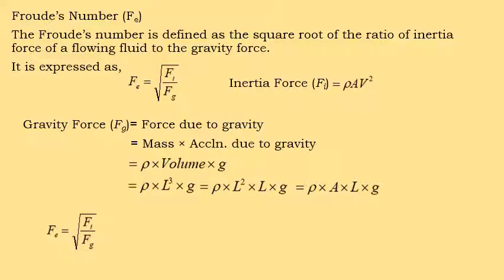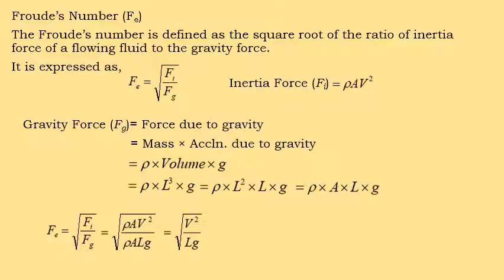So Froude's number is the square root of the ratio of inertia force to the gravity force. Substituting the expressions, it is square root of rho A V square by rho A L g. Here rho A at numerator and denominator gets cancelled.